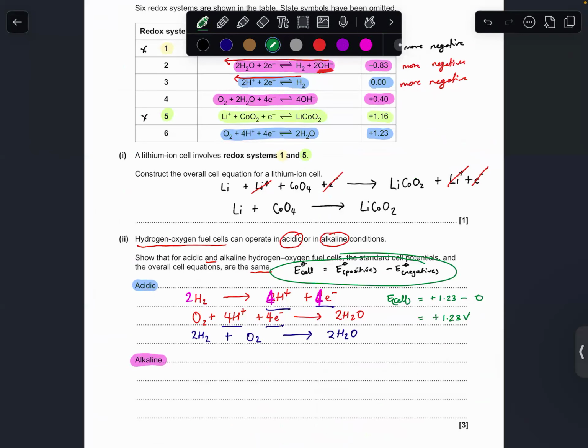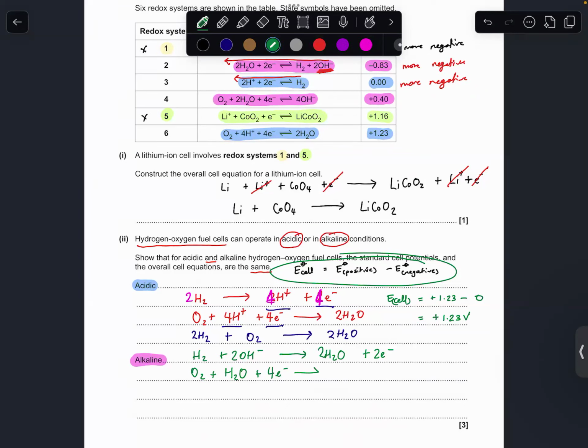Whichever is the more negative, we flip that. So we're going to have H2 plus 2OH minus, which goes on to give you 2H2O and 2 electrons.